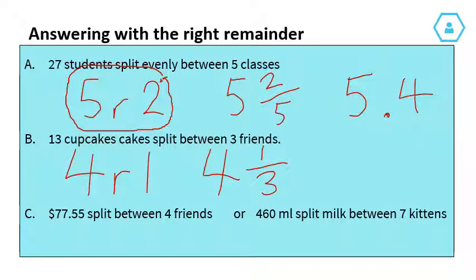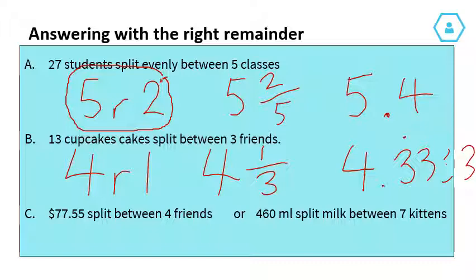So here's representing it as a fraction, 4 1/3, and also as a decimal. Now, anytime you see 1/3 like this, the decimal version is always going to be 0.3 recurring, so it's 0.3333, etc. So here, which one do we think is the most appropriate answer, splitting cakes between 3 people?